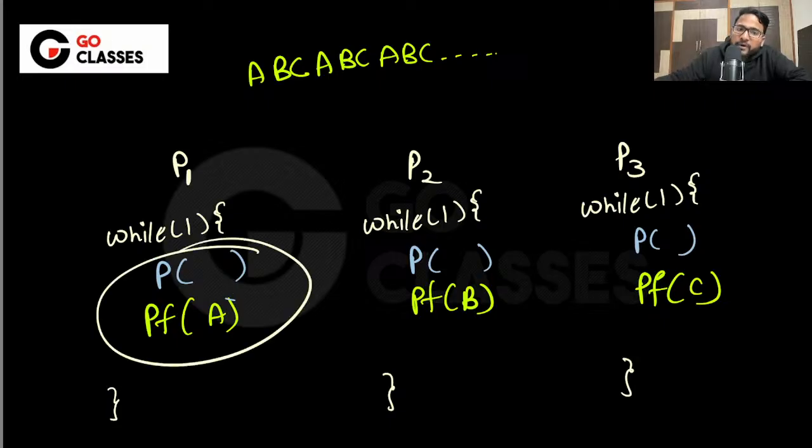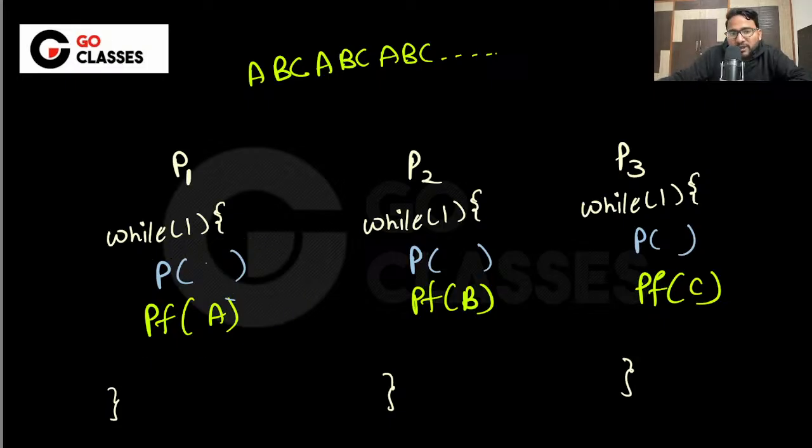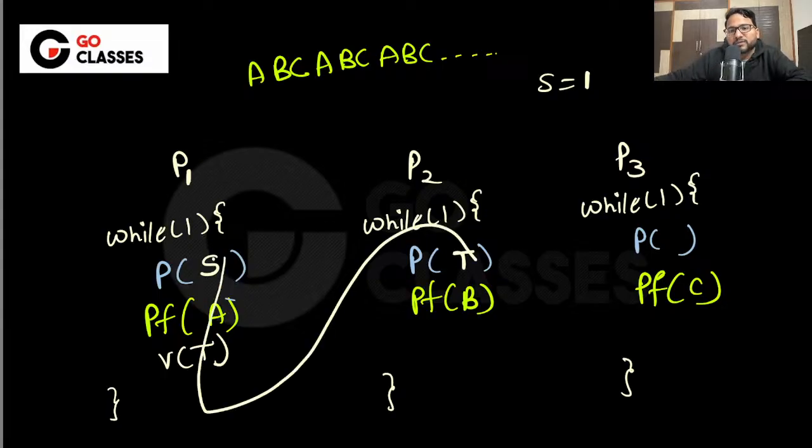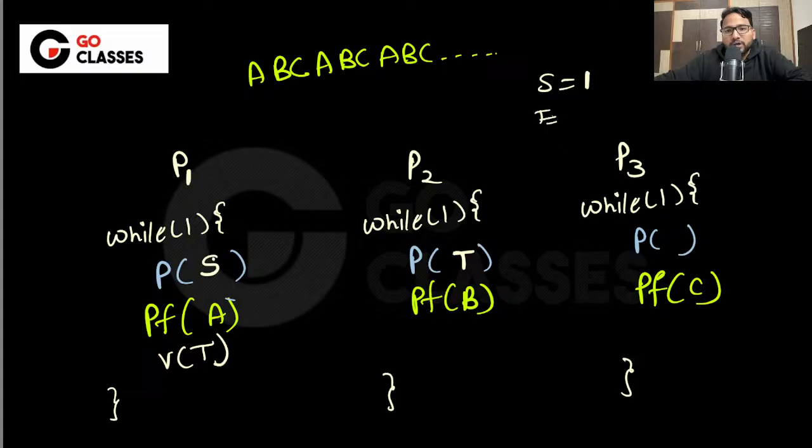See, obviously if you want to print A first, then let's suppose the semaphore is S. So S must be initialized to 1, right? Because after printing this, you say this is, let's suppose, T, and you put V of T here because after this only you want to print B. So T must be 0, because you don't want this to print arbitrarily.